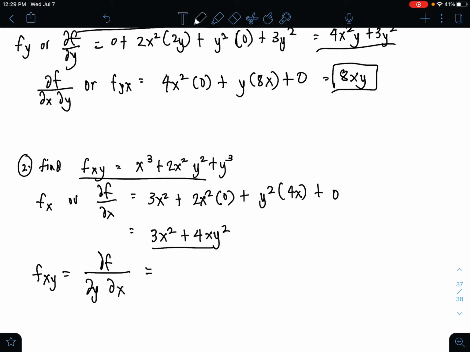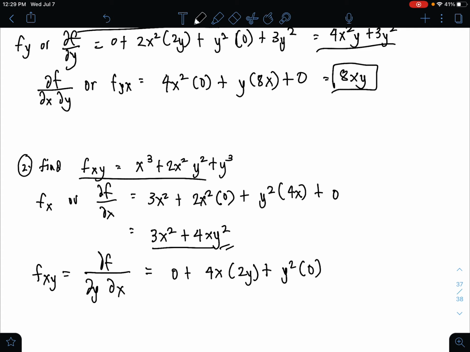So, kani siya derive na to with respect to y. So, therefore, our constant now is x. So, 0 plus 4x. Constant naman si x. So, kani siya, derivative of y squared is 2y plus y squared times derivative of 4x is 0.